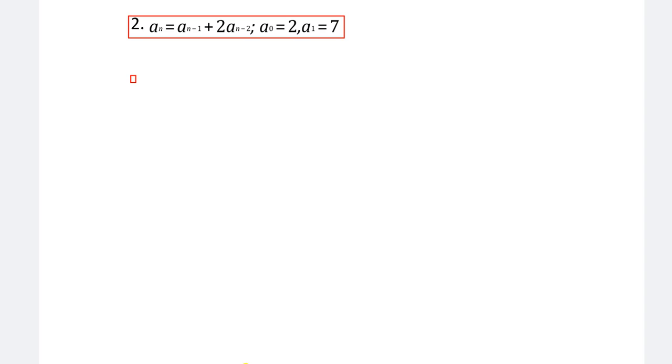Now see the next question, next example: a_n equal to a_(n-1) plus 2a_(n-2), and initial conditions a_0 equal to 2 and a_1 equal to 7. Now see the solution. So what is the first step? Write down the linear equation, that is a_n minus a_(n-1) minus 2a_(n-2) equal to 0.